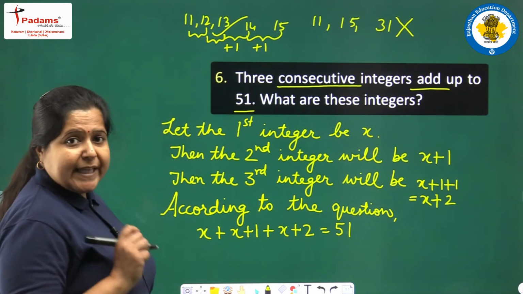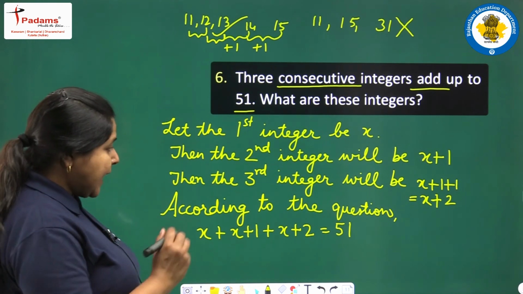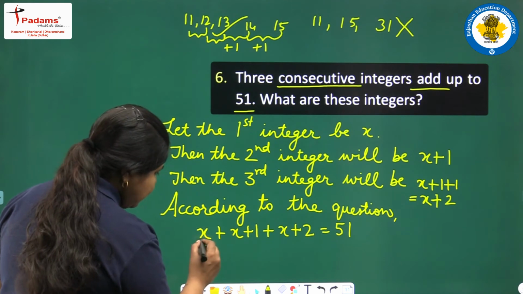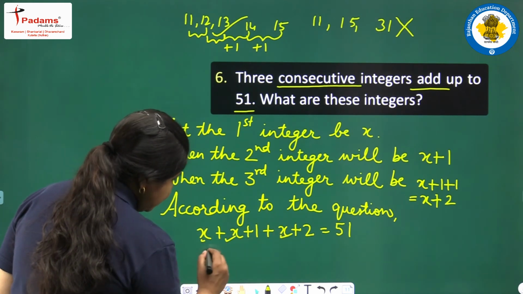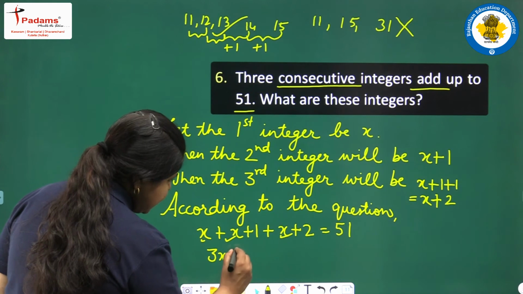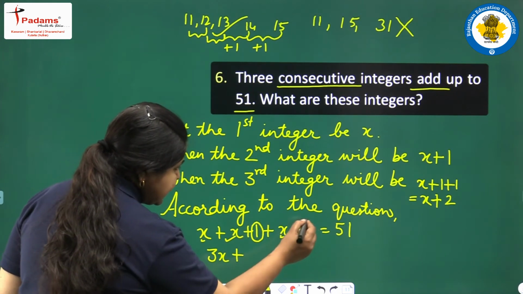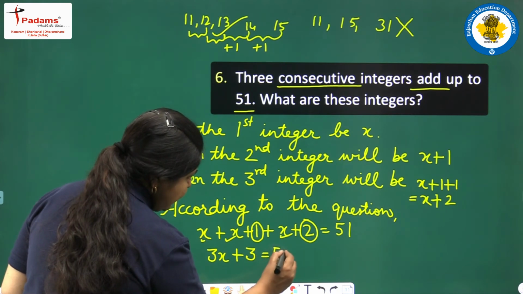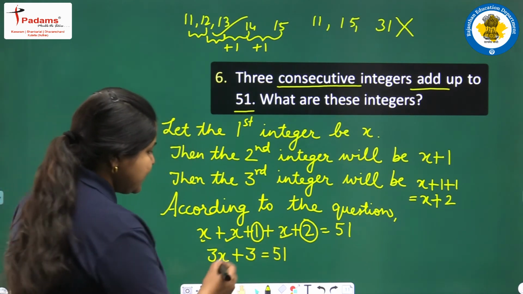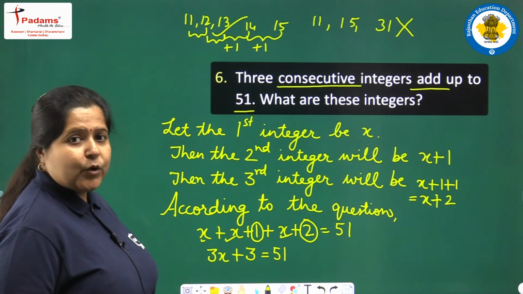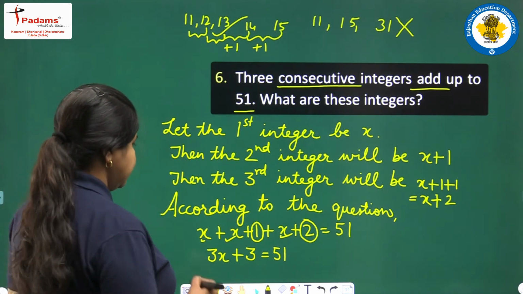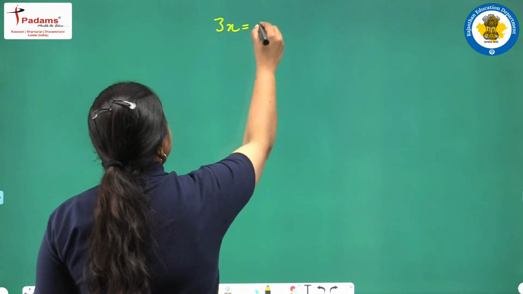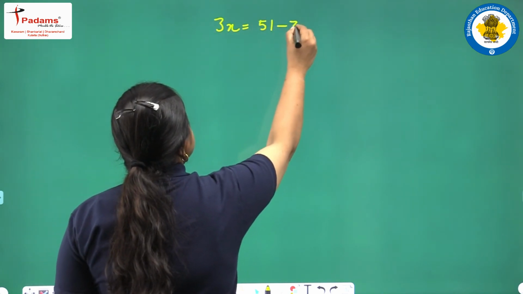Again, the terms with x will be added together and the constants taken separately. So, 3x is there, then 1 and 2. We write 3x plus, now 1 plus 2 will give us 3, equal to 51. Then this 3 will move to the RHS and go in minus. We are left with 3x equal to 51 minus 3.